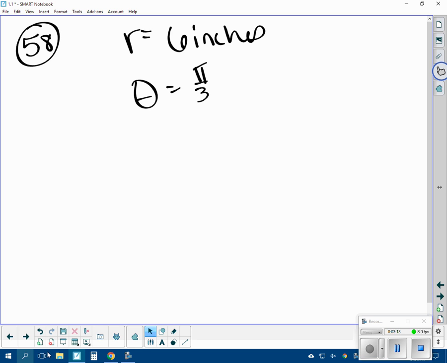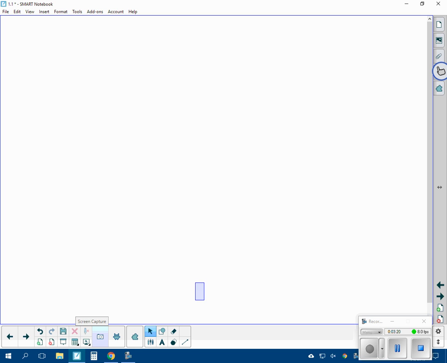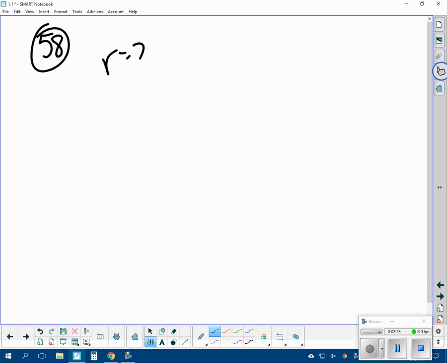Nope, that's 57. Let's try that again. 58, your radius is 2.5 feet, and your theta is 225 degrees.